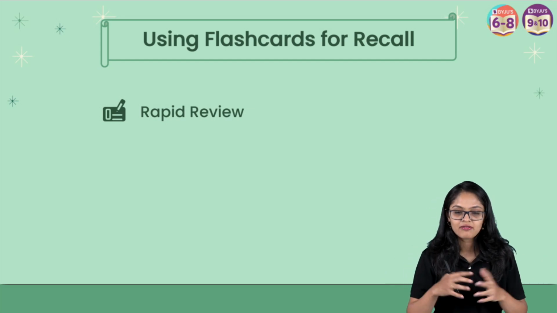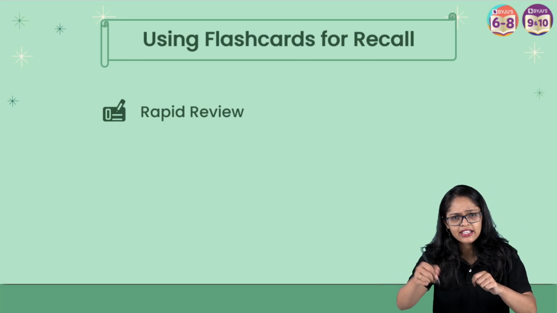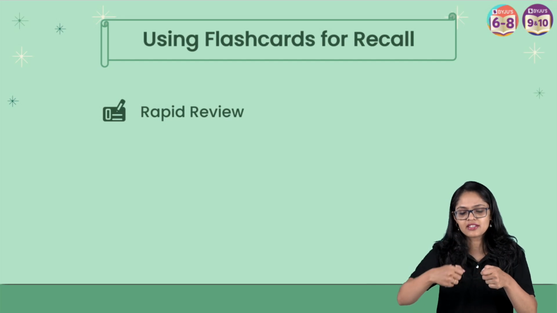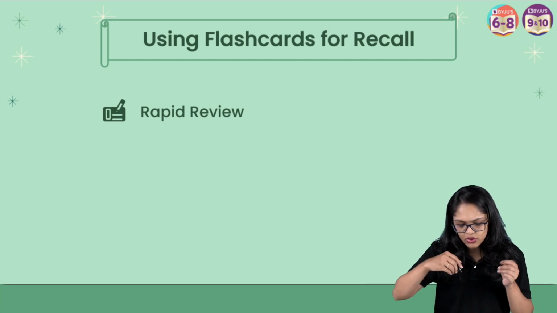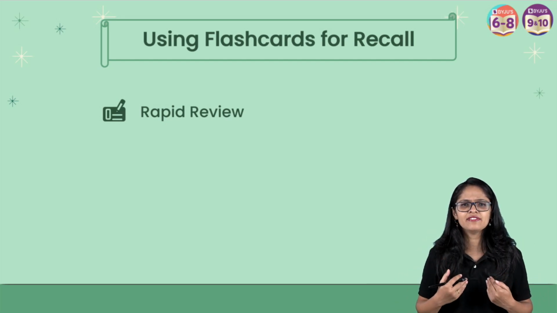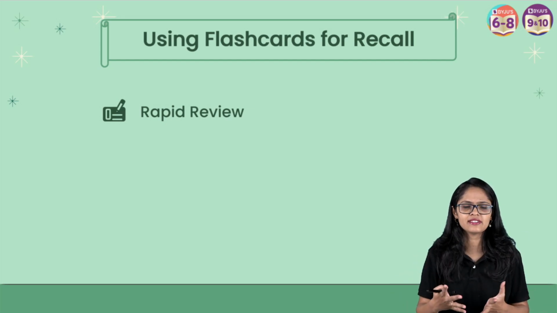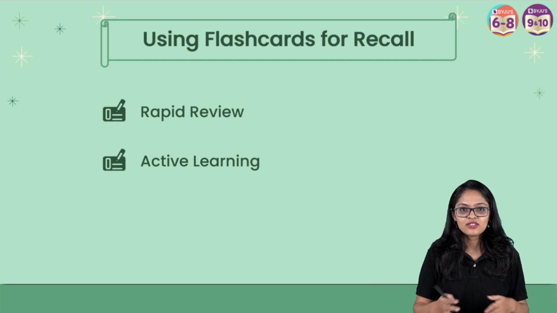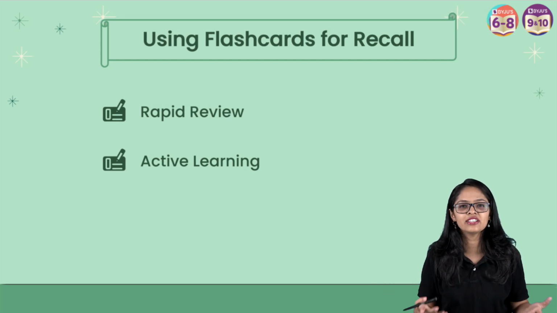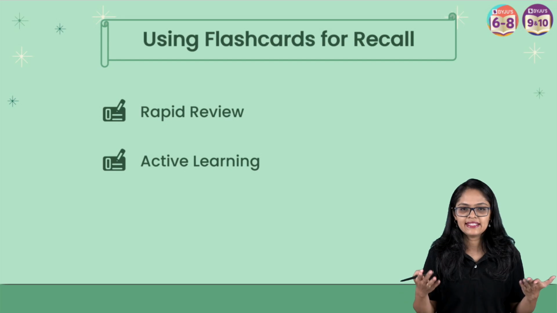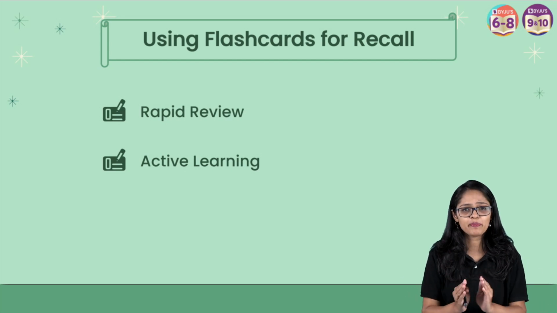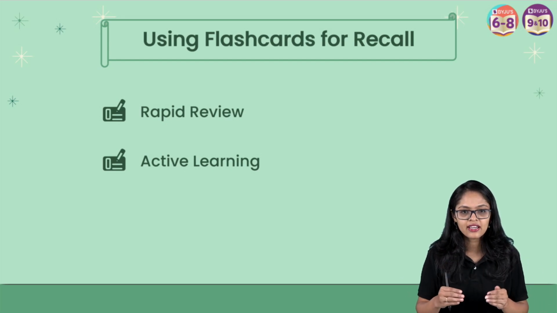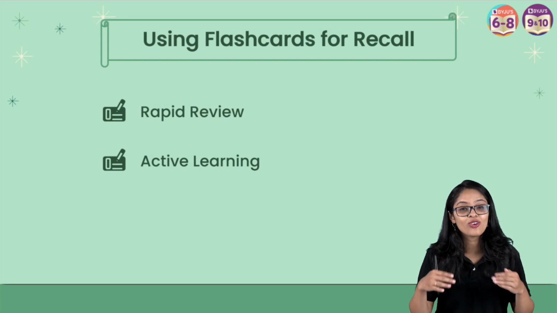Also, now you are studying and you're actively involved in it. You're making a flashcard by yourself, so you're not just a passive listener. You're making it. You are an active learner, so hands-on learning will happen, right? Also, you're learning a particular concept in your own way.